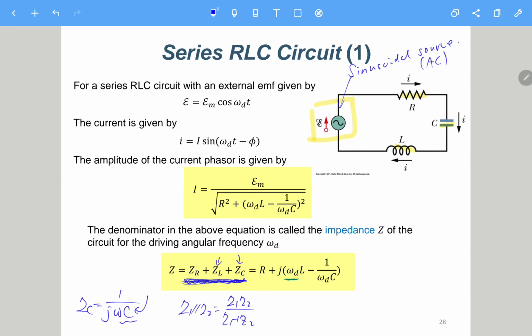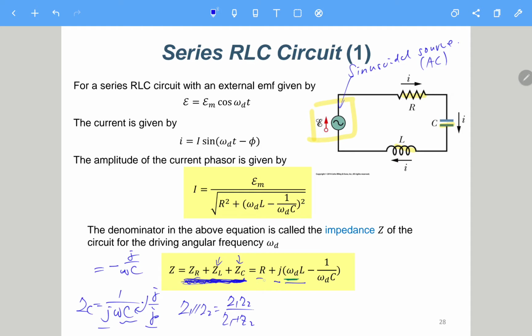In this case, Z_R is nothing but R, and Z_L is j omega L. Z_C is 1 over j omega C. As I explained previously, it is actually negative j over omega C, which means if you multiply j in the numerator and the denominator, j squared is minus 1.